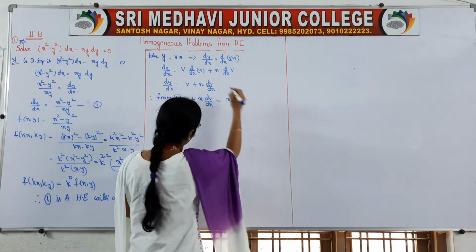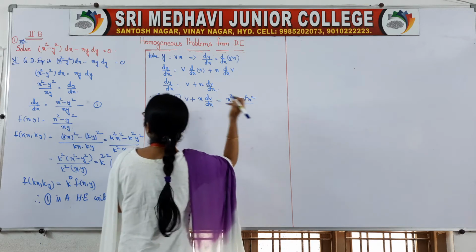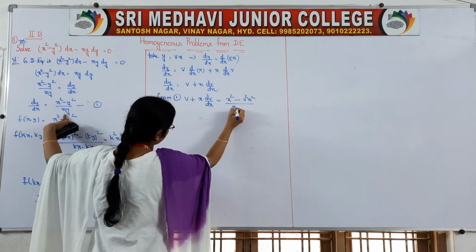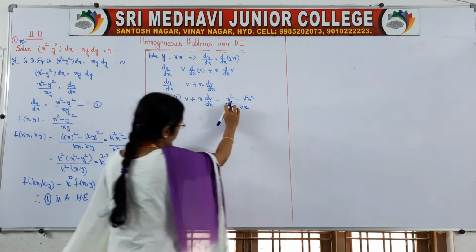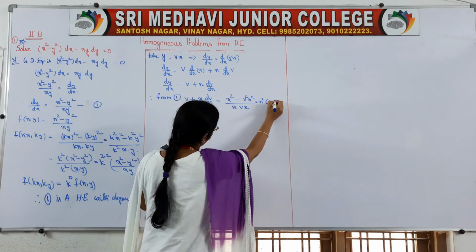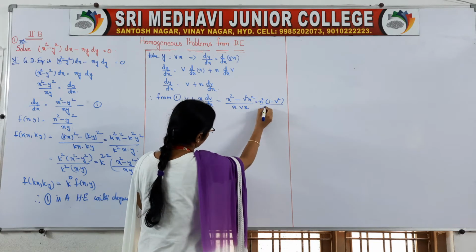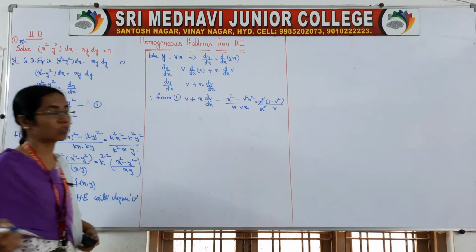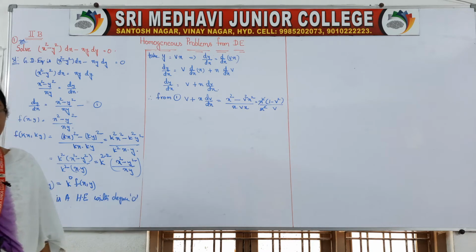Y is vx, so (x² − v²x²)/(x·(vx)). From this you can take x² common, 1 − v², and x² cancels. So it is (1 − v²)/v.